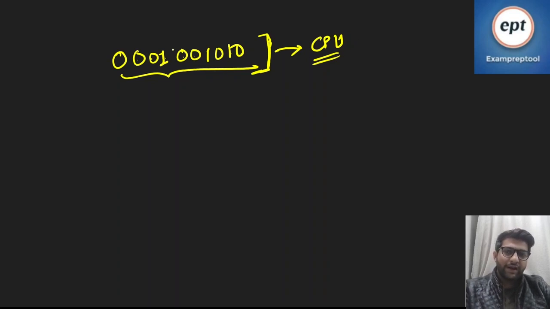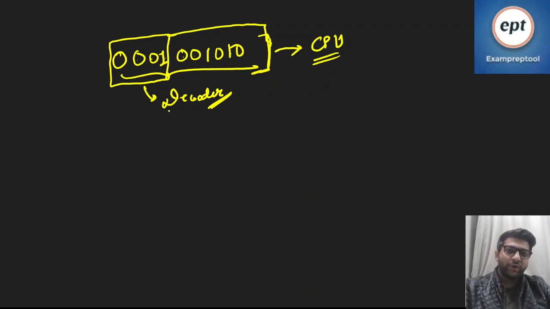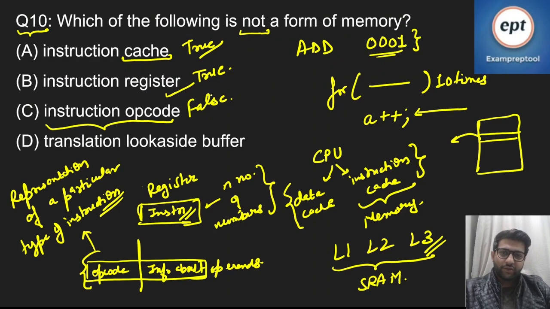That means it knows how many bits are used for the opcode. By using a hardware, it will know what type of instruction this is. It will use, let's say, a decoder by which it will know what type of instruction this is, and then by using another hardware it will be able to extract the operands from this information, right? So this is how a CPU decodes an instruction. So this is false because this is just a representation of a particular type of instruction.